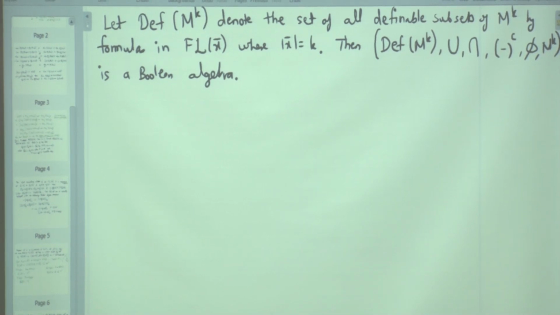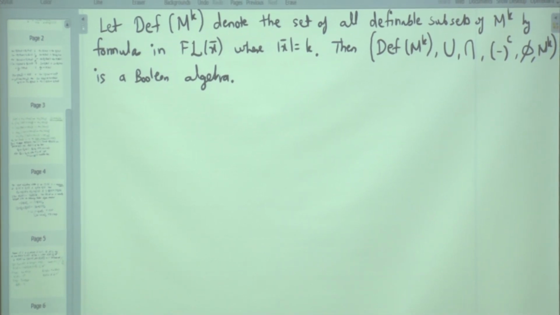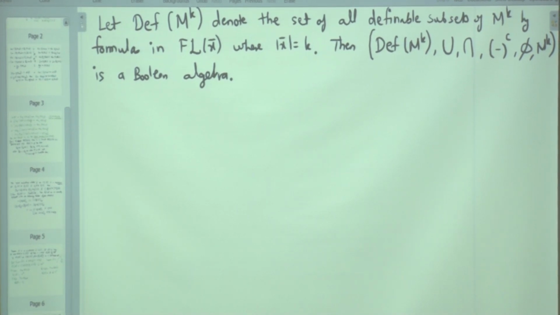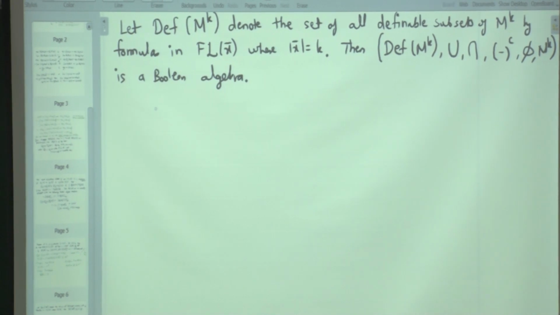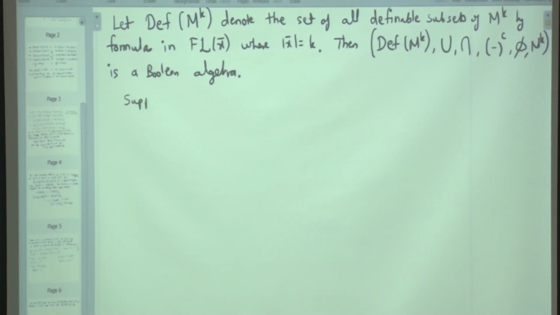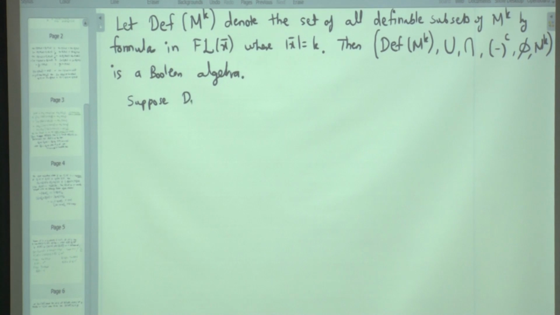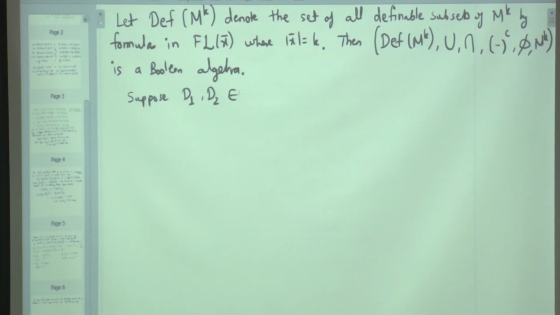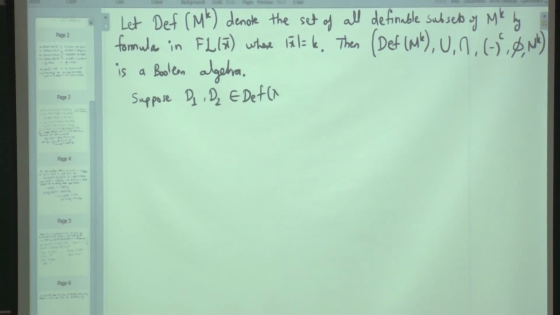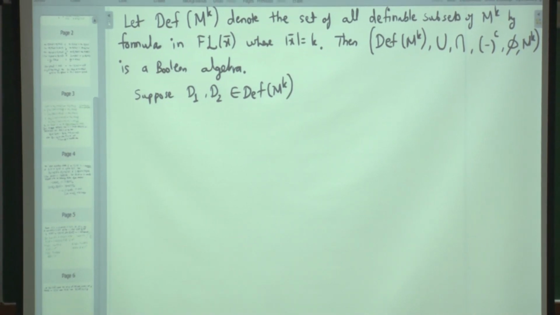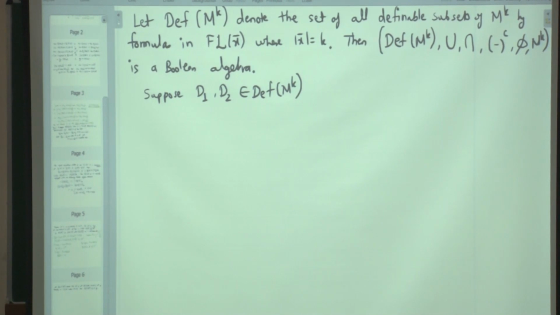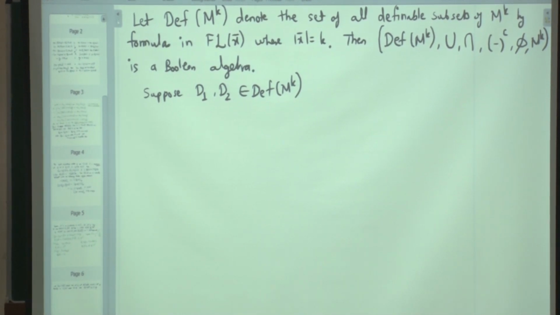Okay, perhaps now we should see why that is the case. Suppose I take D1 and D2 to be definable. What does that mean, that they are definable? It means that there are two formulas which define them.